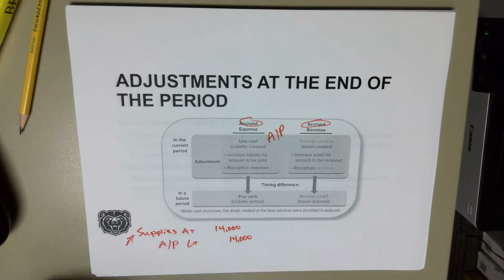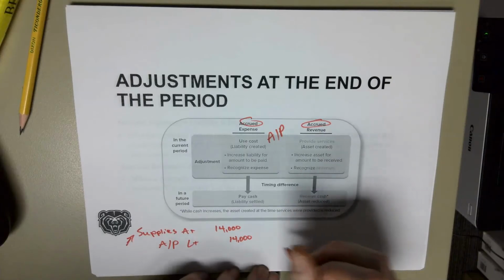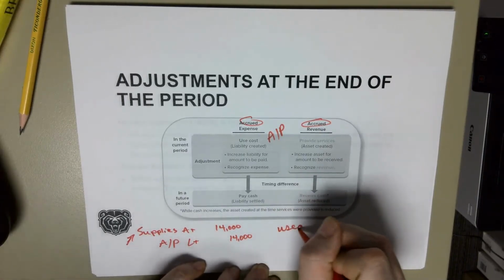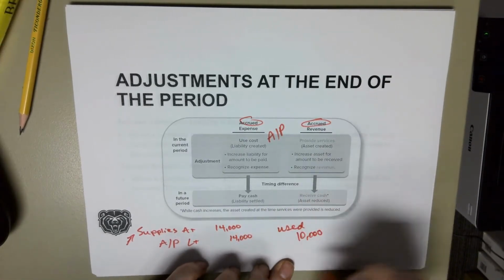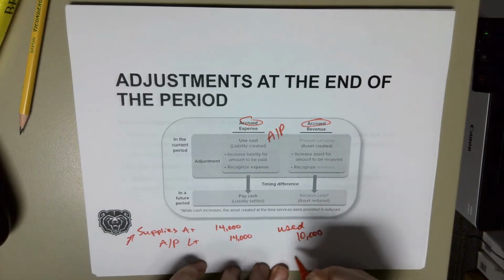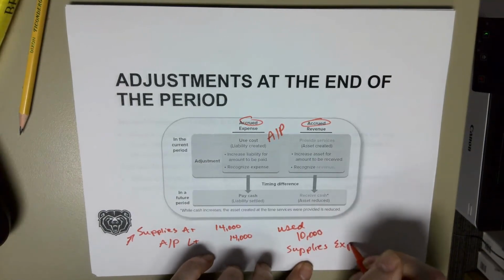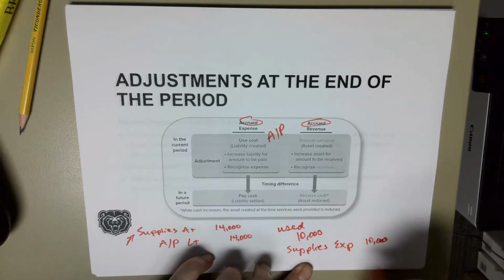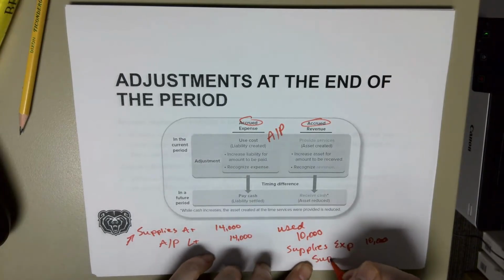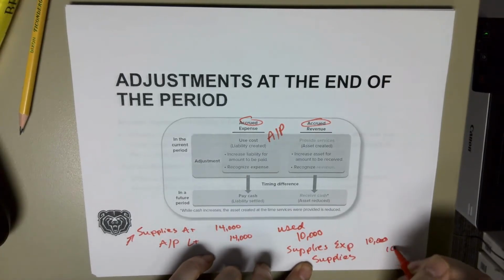And I think the example in this chapter is at the end of the period, you see that you have $4,000 worth of supplies left, which means we've used $10,000 worth of supplies, meaning that now we would debit supplies expense because we've used that resource for $10,000, and we would credit supplies for the same amount.